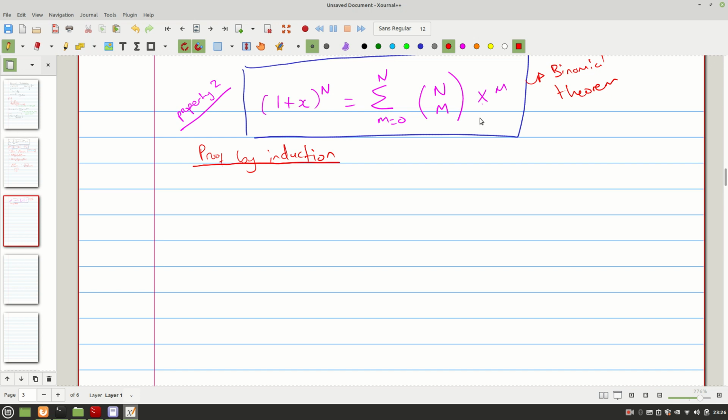So we have our base case already. So what we need is to define our inductive hypothesis step.